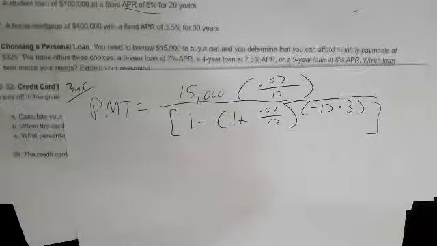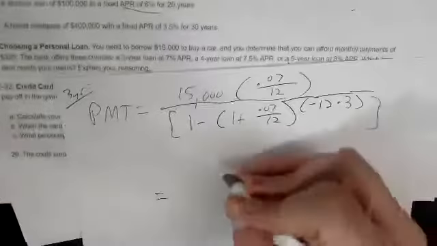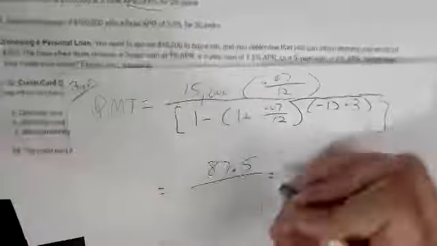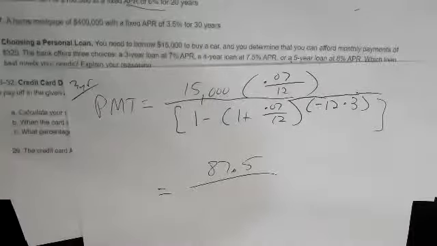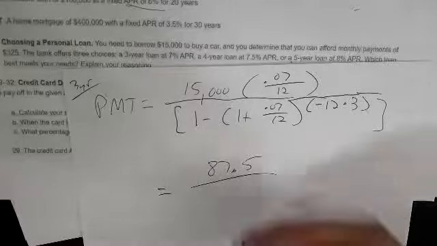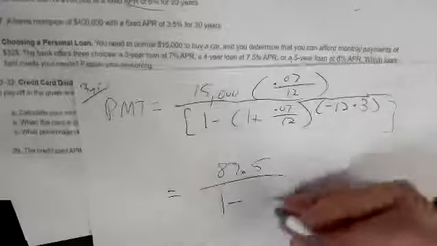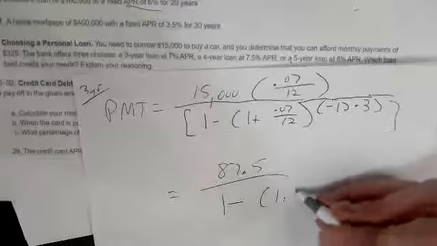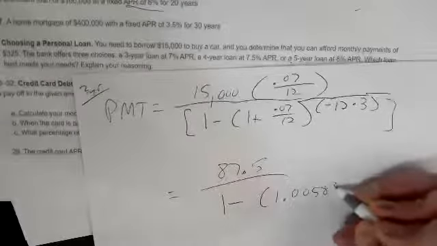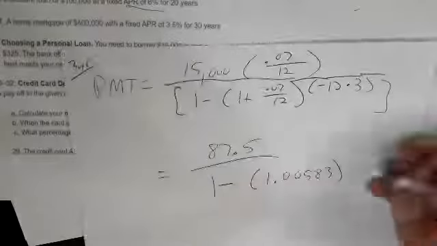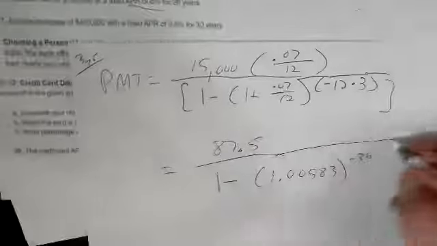So I'm going to do this top all at once, 0.07 over 12, and then multiply that by 15,000. The top is going to end up giving me 87.5. When I combine this, it's like 1.0583, and I have to raise this to the minus 36 and then subtract it from 1.